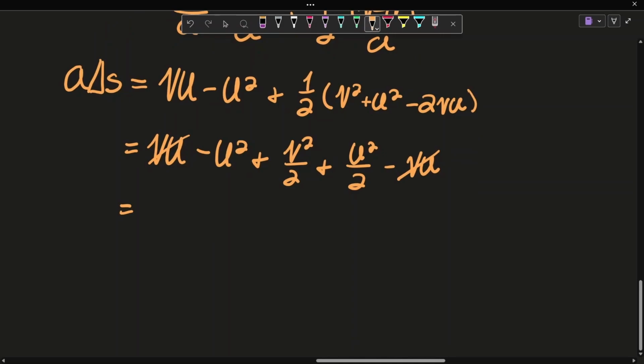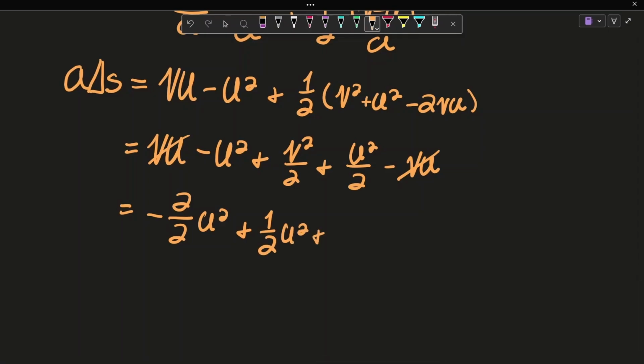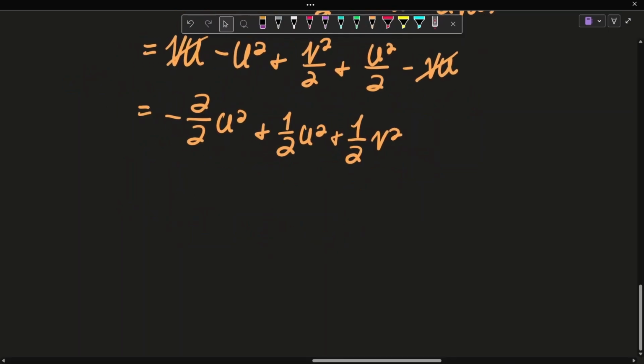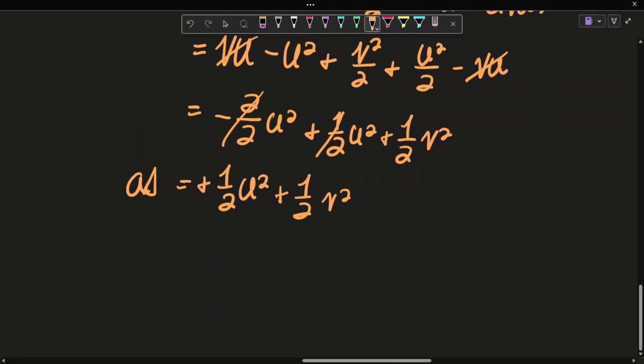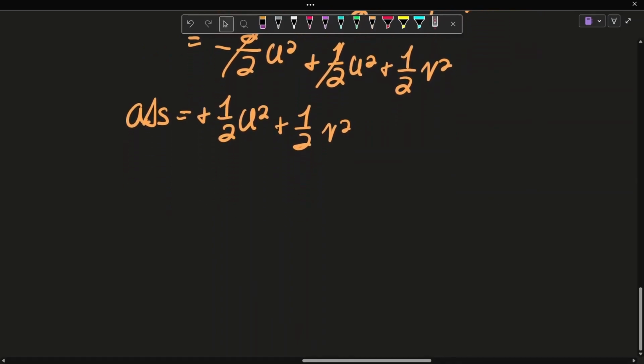We get here minus 2 over 2 u squared plus 1/2 u squared plus 1/2 v squared. These guys cancel out, so we get positive 1/2 u squared plus 1/2 v squared is equal to a change in s.